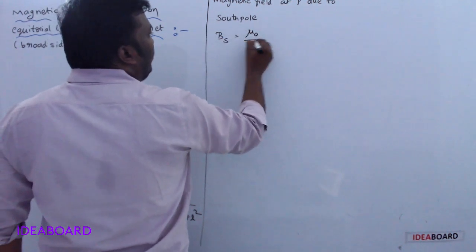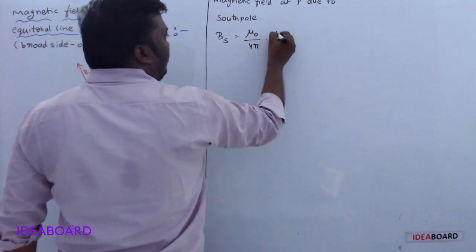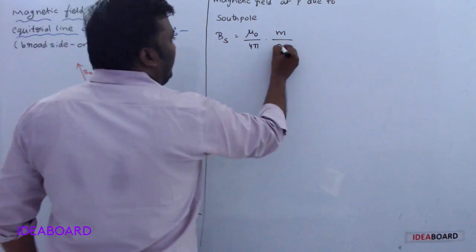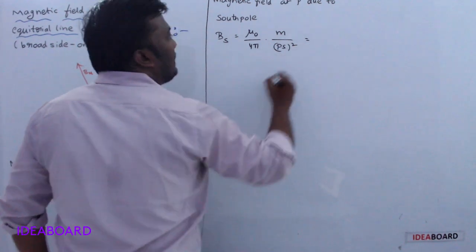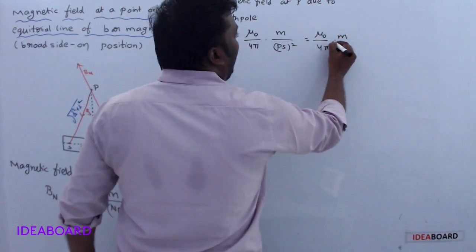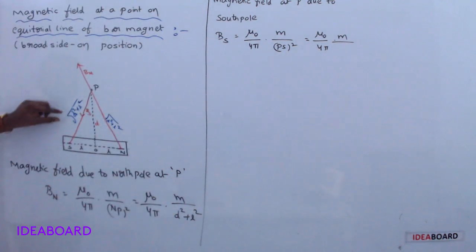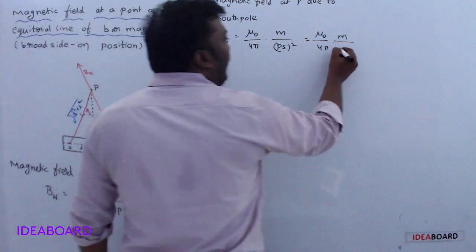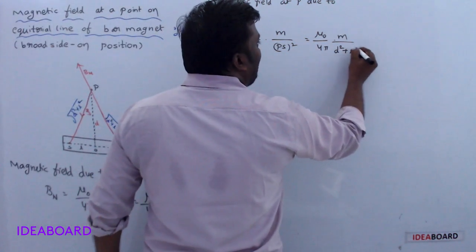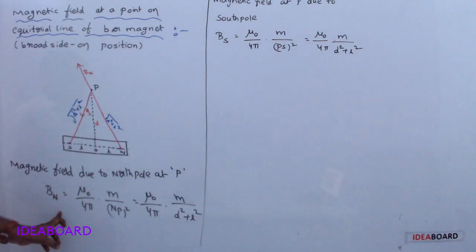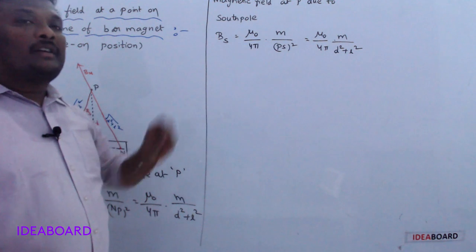Bs is equal to mu naught by 4 pi, m by this distance square, meaning PS whole square, that is equal to mu naught by 4 pi, m by this distance, again root over d square plus l square. If you make the square, the root and square cancel, then we have d square plus l square. So this is the magnitude of Bn, this is the magnitude of Bs.